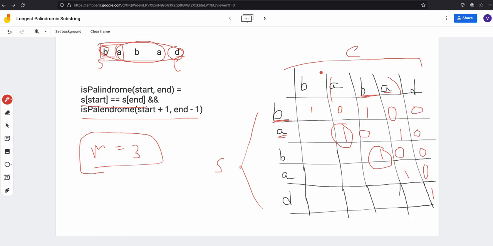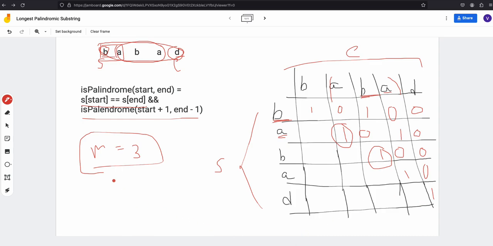What's happening? You filled this two-dimensional matrix in this format. Now, what is the time and space complexity for this algorithm? We are populating this 2D matrix for each particular length, by checking each possible substring of that particular length.